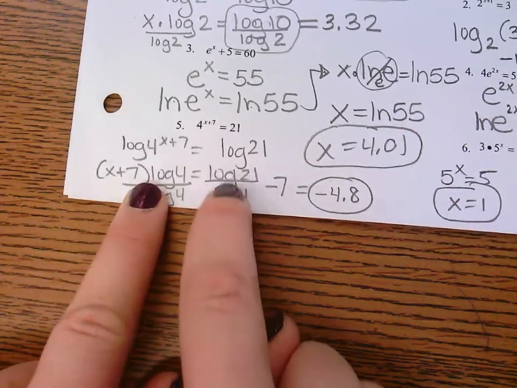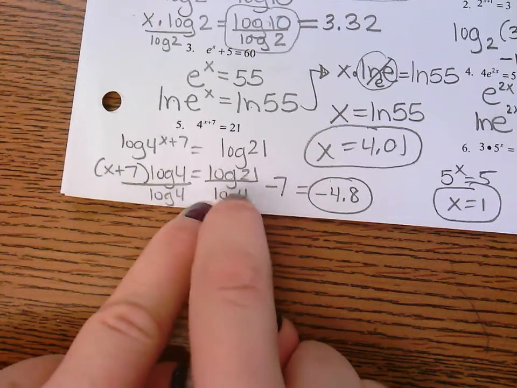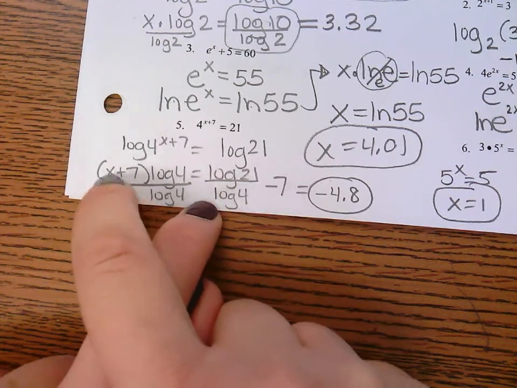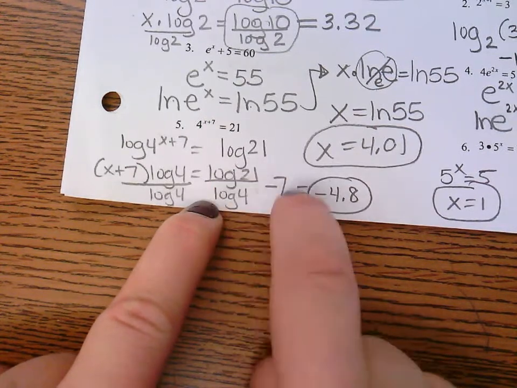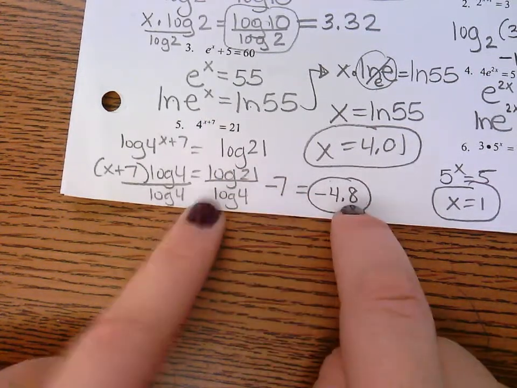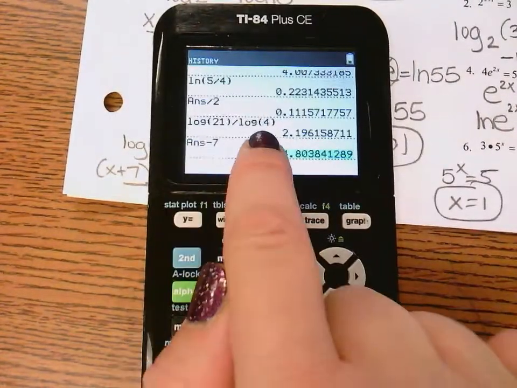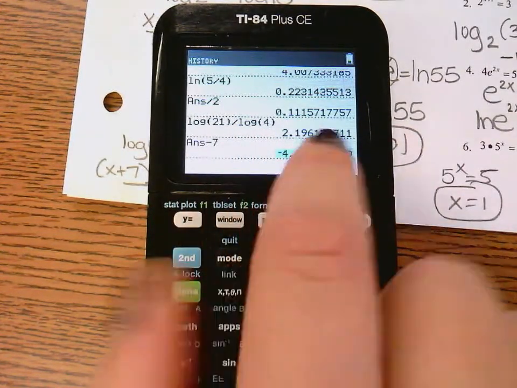The log of 21 divided by the log of 4 is a number on my calculator. Hit enter. And at the end, since this was x plus 7, your last step is going to be to subtract 7 from whatever you got. I got negative 4.8. So there's my log of 21 divided by the log of 4, and then I subtracted 7 to get that negative 4.8.